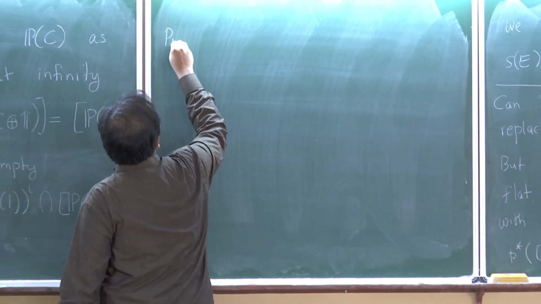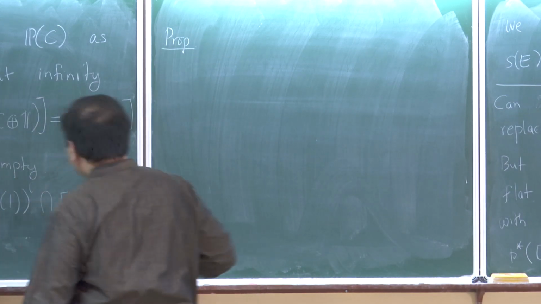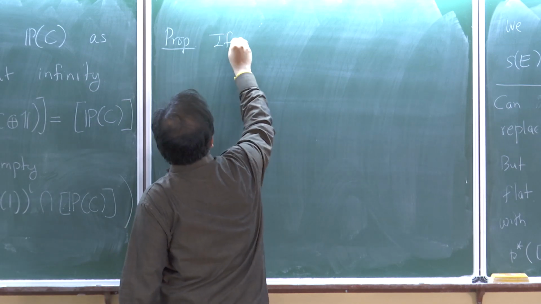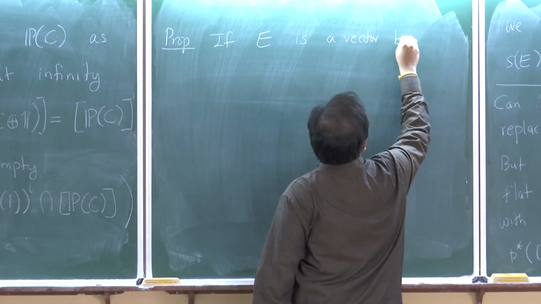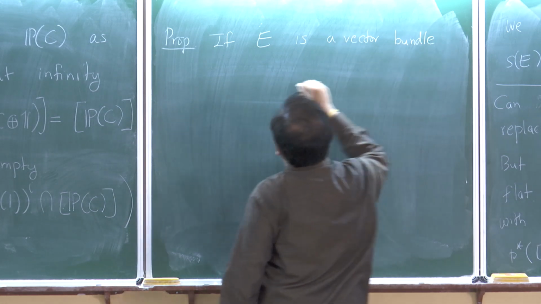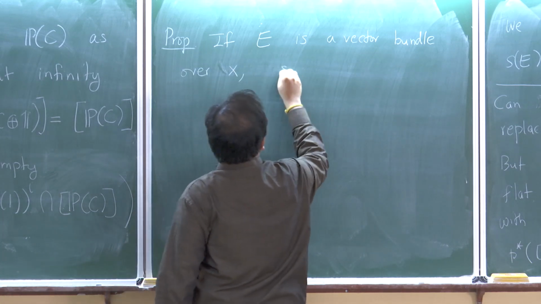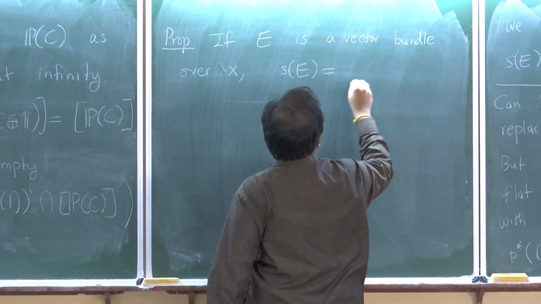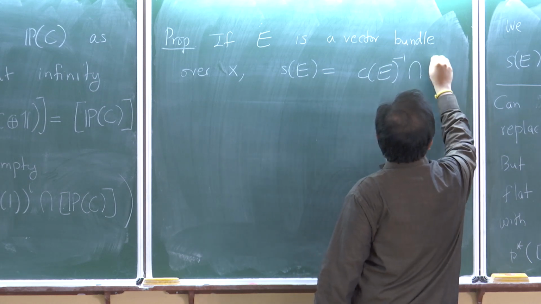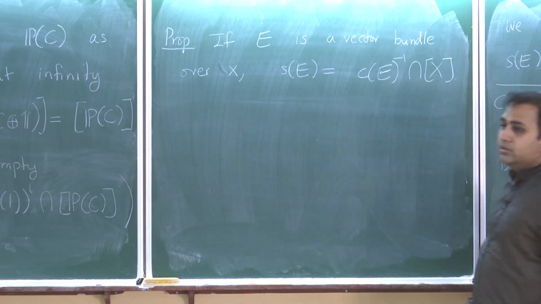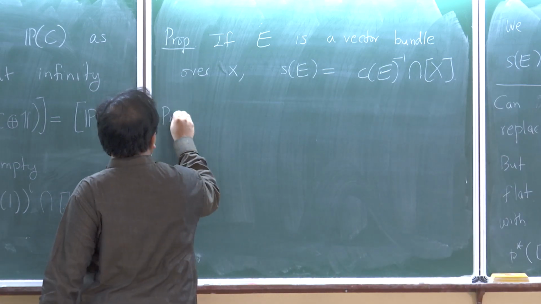Proposition: if E is a vector bundle over X, then S of E is equal to CE inverse capped with X. So this is what we would like to prove. Proof.